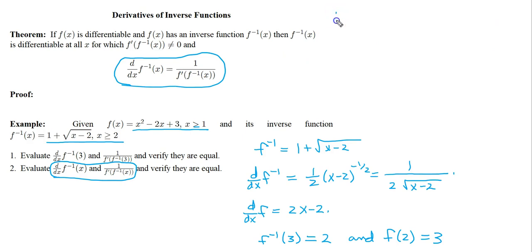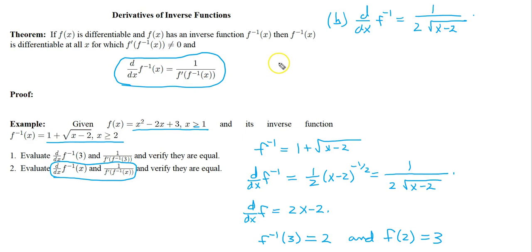So for part B, let's see, the left-hand side here, we already have that written out. That's this piece right here. So just note that. And then we have to evaluate the right-hand side here, this piece.